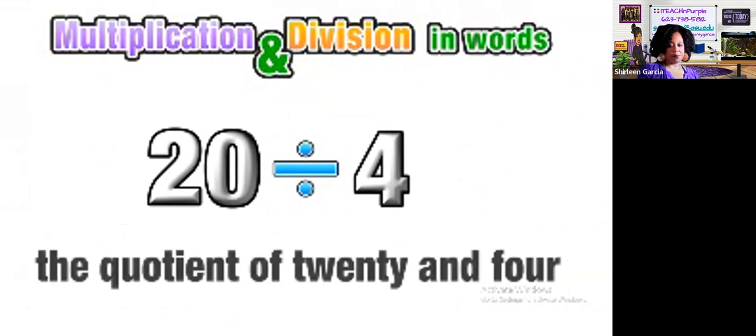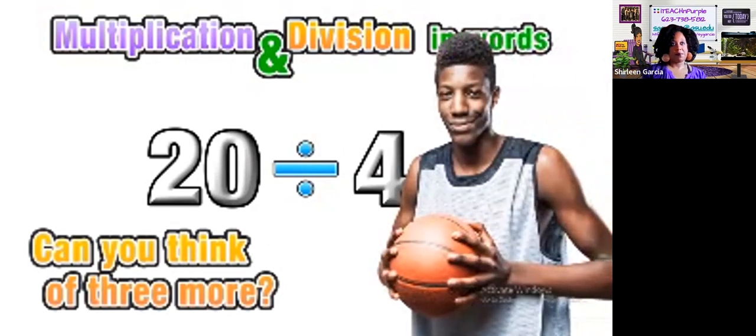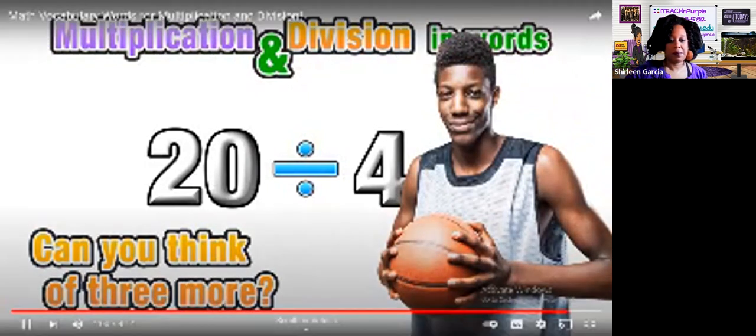Another way would be to say the quotient of 20 and 4. So using that list of words and phrases, can you think of 3 more ways to express 20 divided by 4 in words? So as you move forward into algebraic translation, make sure that you're familiar with these terms and phrases, and make sure you know what operations that they represent, and we'll see you next time.